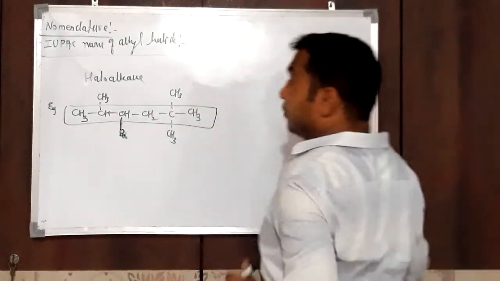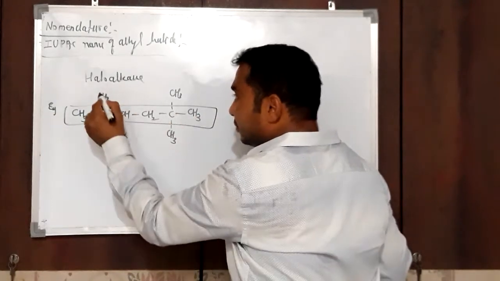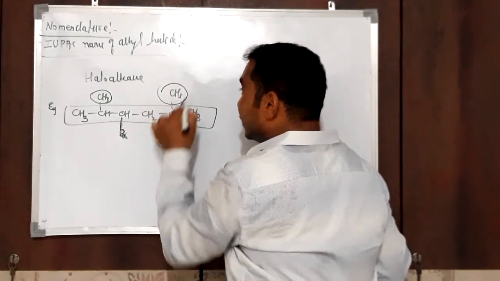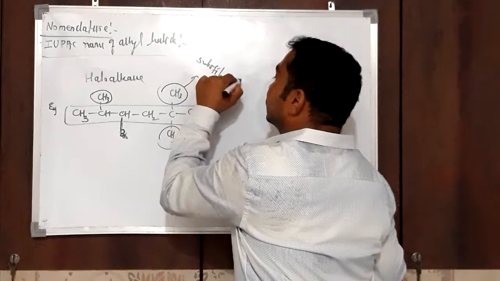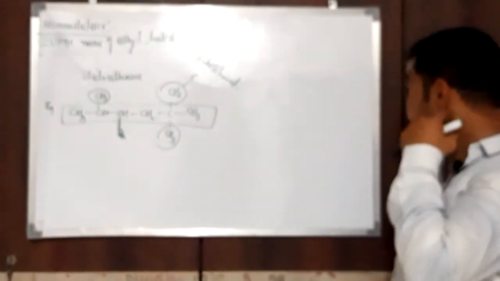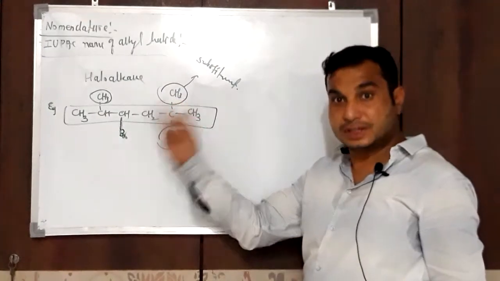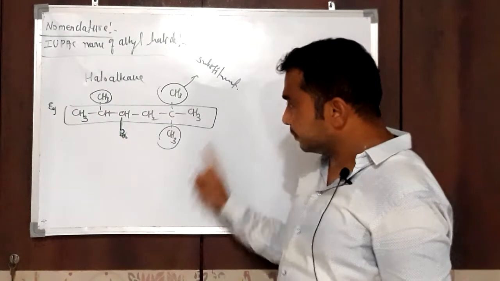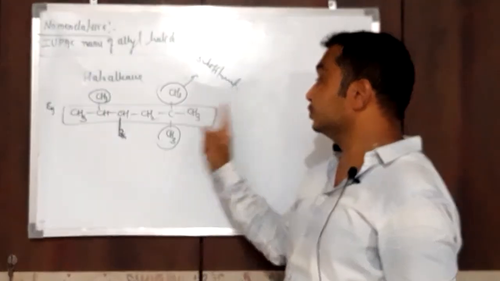The remaining part, the CH3, CH3, CH3, is called the substituent, or side chain. The carbon atoms which are not selected are called substituents. In the selected part, how many carbon atoms? 1, 2, 3, 4, 5, 6.